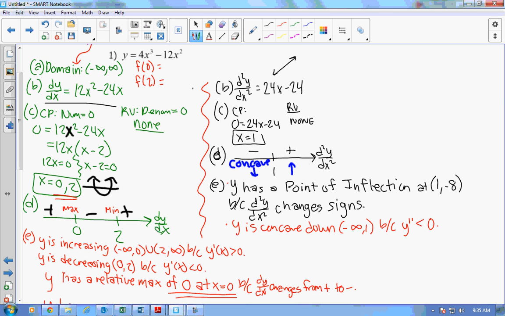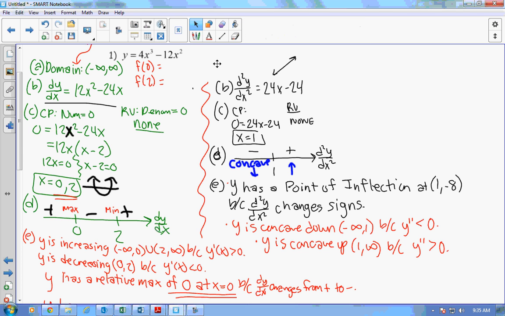Or you can say d squared y over dx squared. And the last one, y is concave up from 1 to infinity, because y double prime is positive. That's the second derivative test. So the steps are the same, you just apply them to the first derivative, and it tells you concavity and points of inflection.